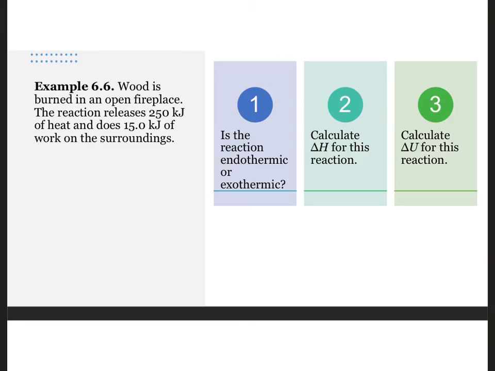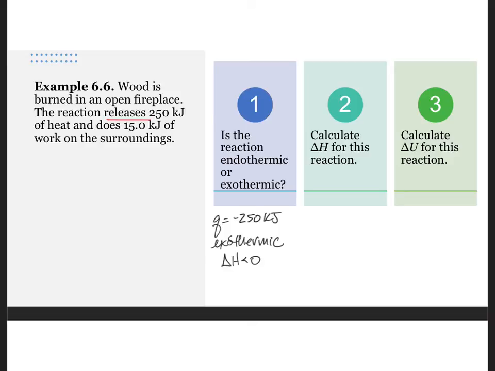When wood is burned in an open fireplace, 250 kilojoules of heat is released, and the expansion of hot gases from the fire does 15 kilojoules of work on the surroundings. Is this reaction endo or exothermic? Heat is transferred from the system to the surroundings, so the reaction is exothermic, and delta H is less than 0. Calculate delta H for the reaction.